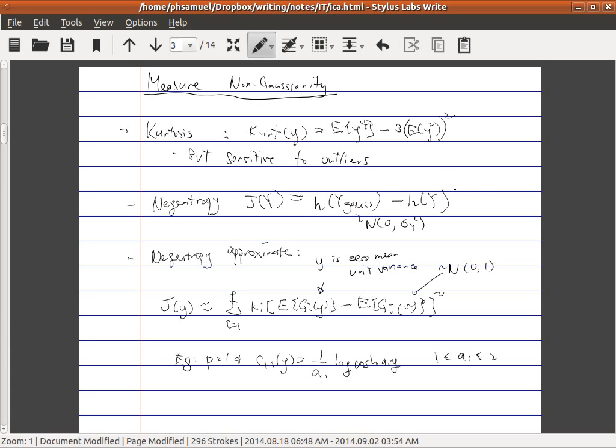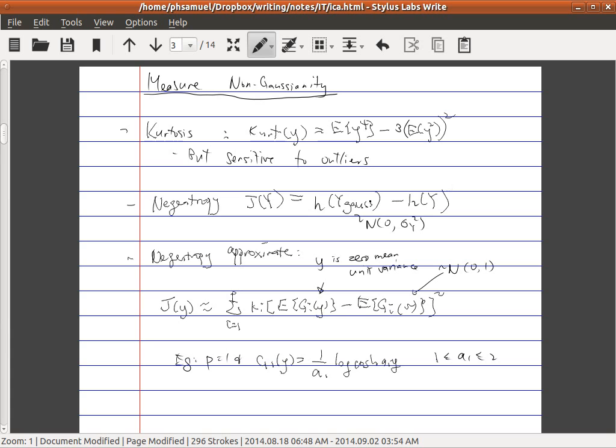Because we know from information theory that the Gaussian has the largest entropy for a fixed variance, this difference will always be greater than or equal to 0. And it will be equal to 0 only when y is also Gaussian.